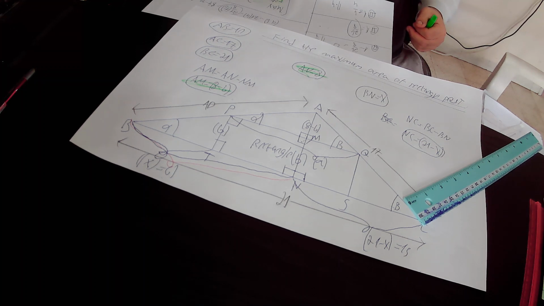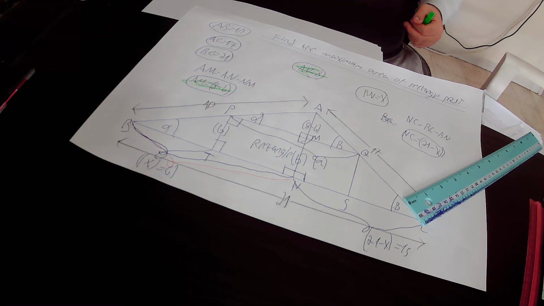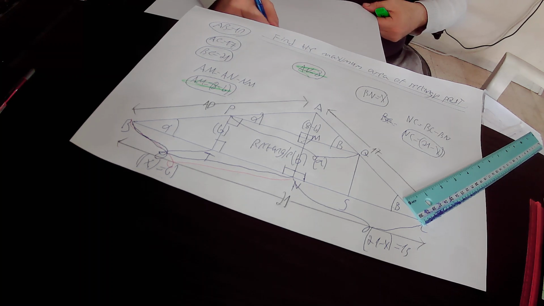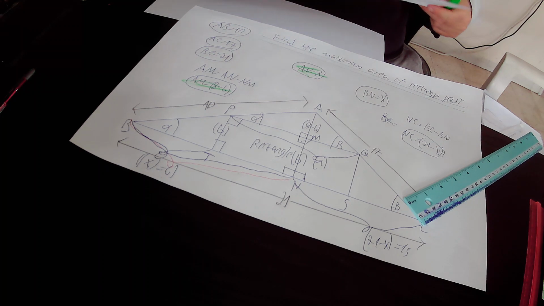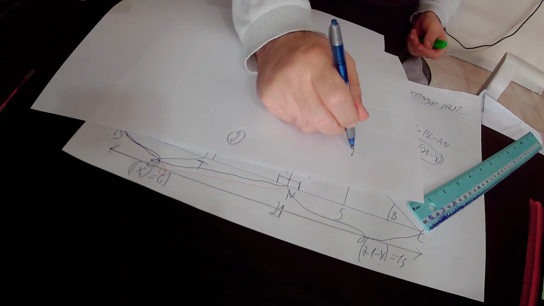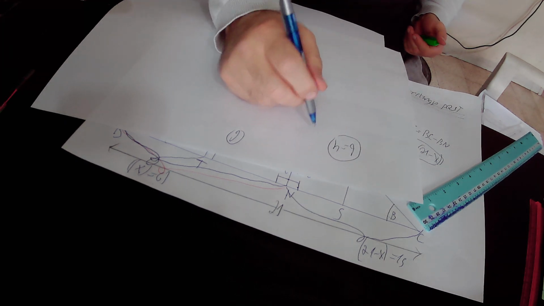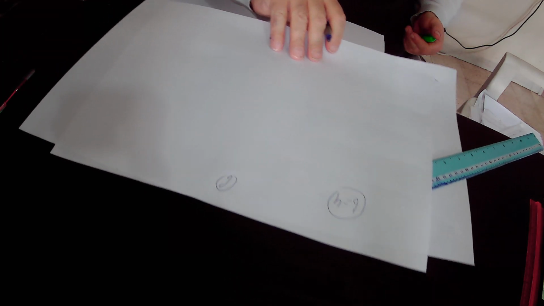And when the area is 42 square units, then the width of this rectangle PQST, the width B, equals 4 units. And what is the length? We find out the length according to equation 1.